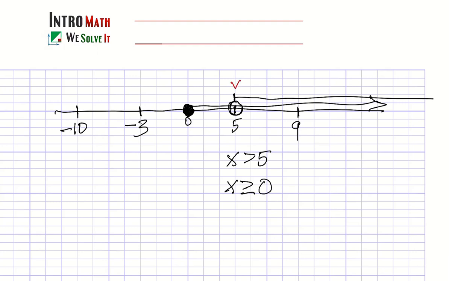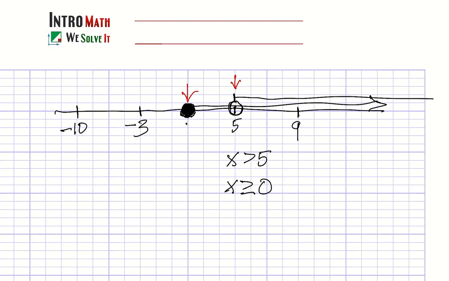Over here 5 is not included, so you leave a hole. Over here 0 is included, so you close the hole. You make a circle around 0 but fill it in, showing that 0 is included. That's how you see this in books, that's how they draw it.